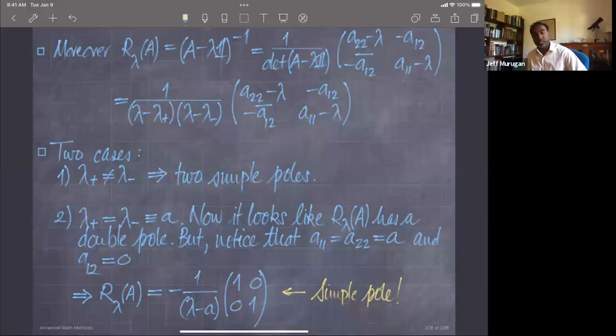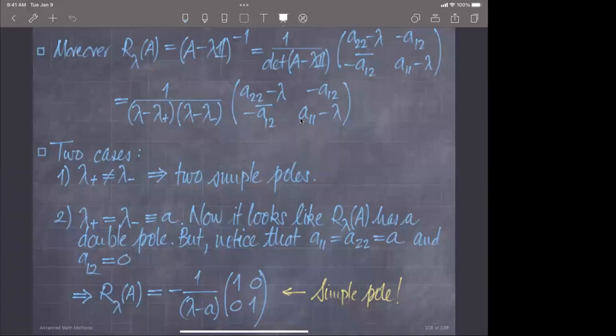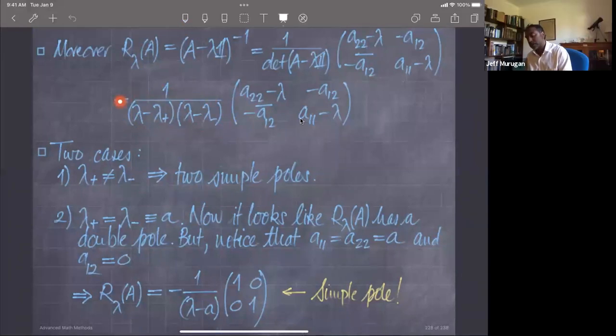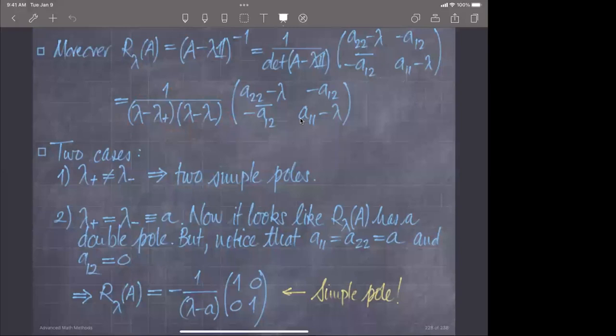Okay, so I said here, I'm distinguishing two cases, right? In this equation here, I'm interested in the pole structure of this guy here. So the place to go and look for where I've got poles is precisely here. I said there are two cases that we can distinguish.